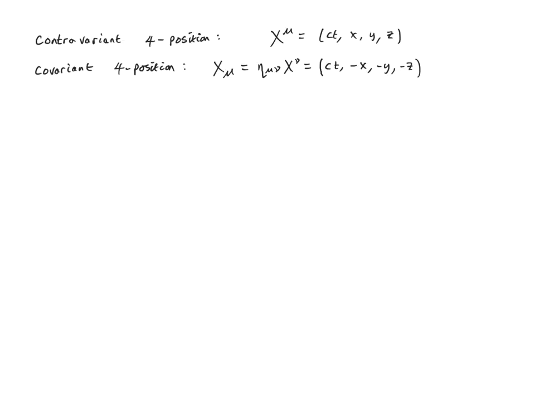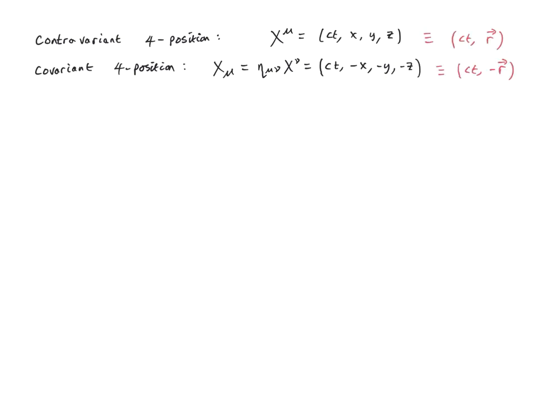So when we put all this together, we can write our contravariant 4-position x mu as (ct, x, y, z), this is the 4-vector, whereas the corresponding covariant 4-position, because we do this contraction with the covariant metric tensor eta, we get (ct, minus x, minus y, and minus z).